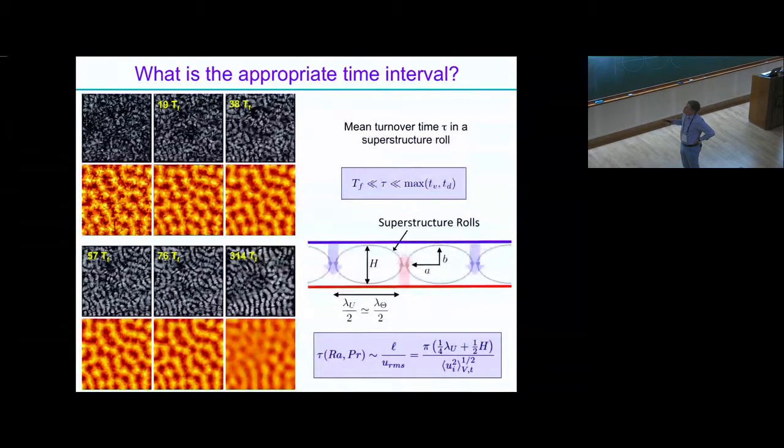So the time scale is somewhere in between, and in this sketch I'm trying to bring up a kind of physical picture, what would be an appropriate time scale. We are observing these kind of structures in our system. We have these circulation rolls that have a certain wavelength, which roughly agrees between those for the velocity and the temperature field.